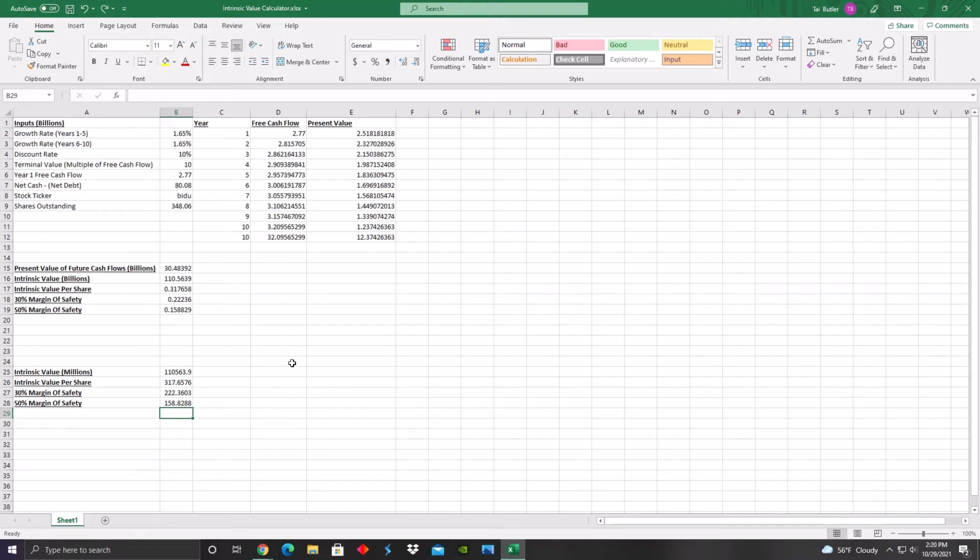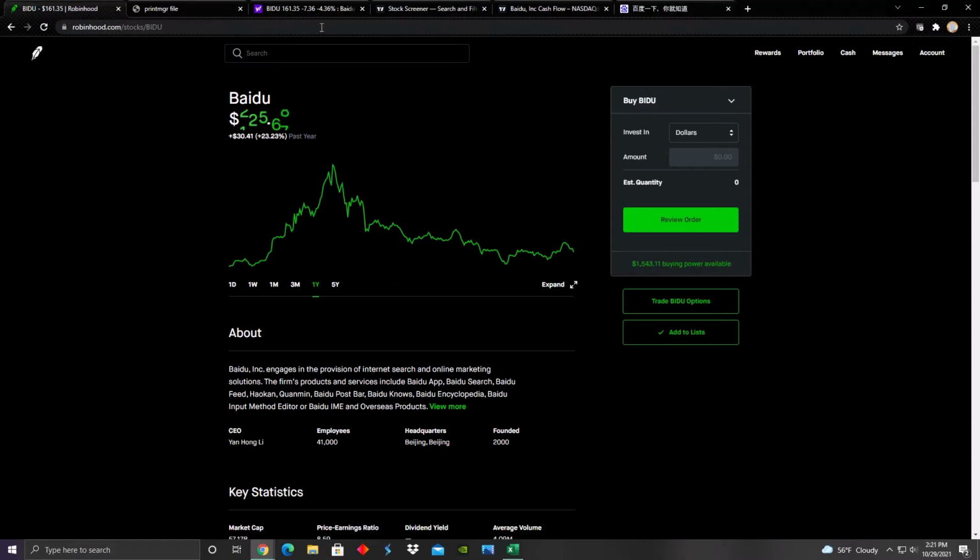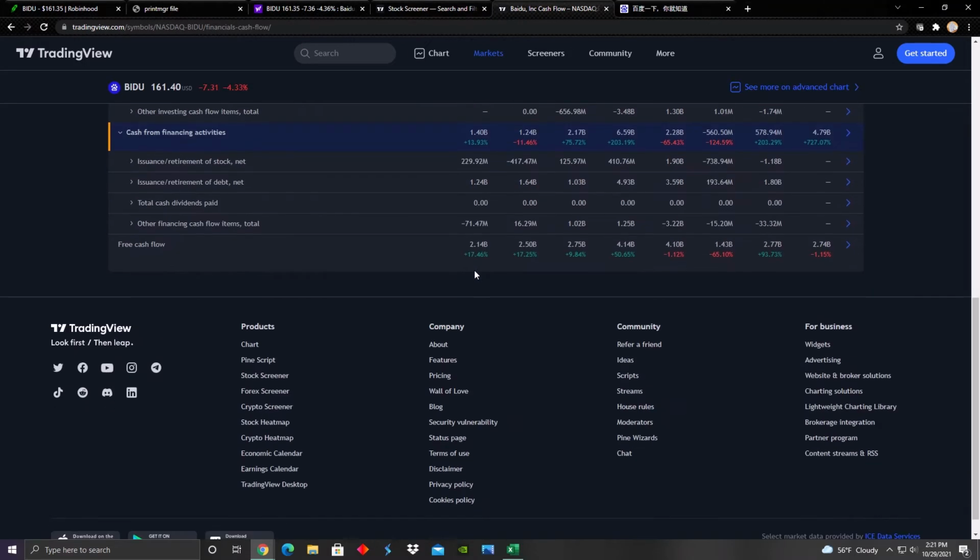And keep in mind that a discounted cash flows model is not fully comprehensive. It might present values that are a little off. It might not be that accurate just because we are assuming the growth rate for years 1 through 5, years 6 through 10, we're assuming a discount rate. And although the year one free cash flow is 2.77 billion, it might not consistently grow from that point, as we can see by looking at TradingView.